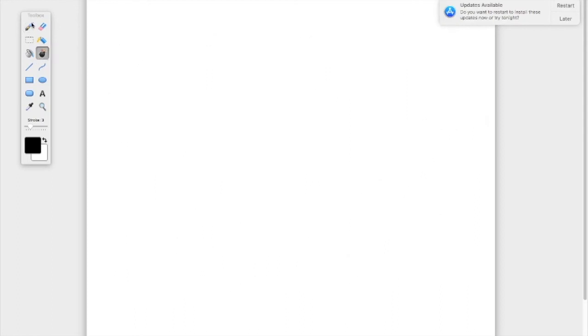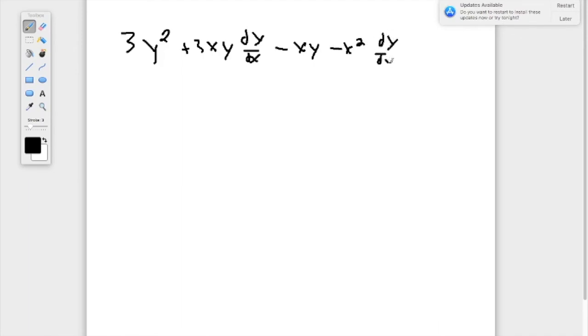So now I'm going to rewrite it here. 3y squared, plus 3xy dy dx, minus xy, minus x squared dy dx, and that equals 3 dy over dx minus 1.